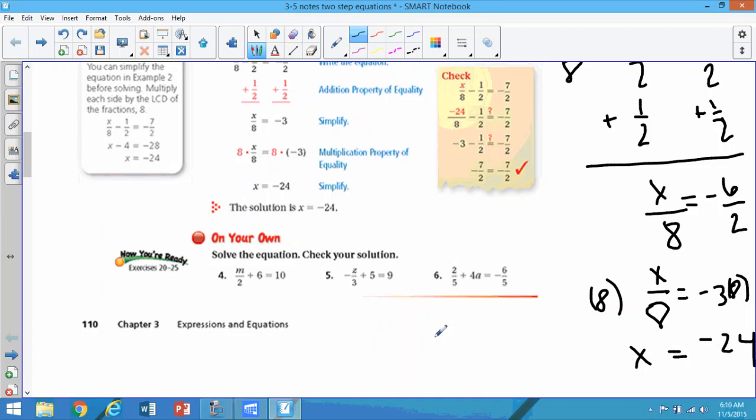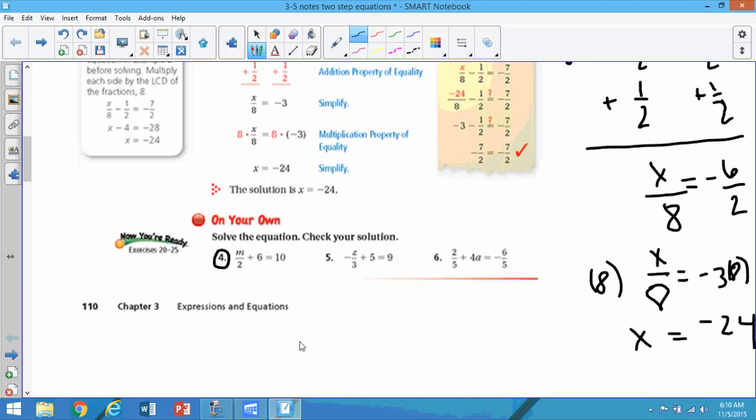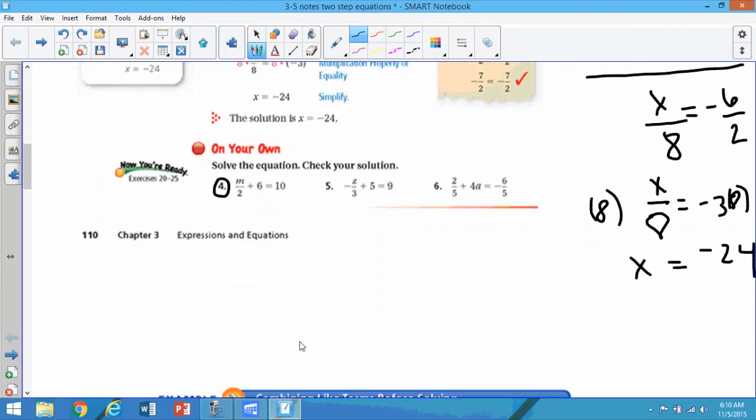Okay? So now I would like you to pause your computer and do number 4. Pause your computer and do number 4. Okay, so your number 4 is m over 2 plus 6 equals 10. Okay, so again, you're going to get rid of your addition step.